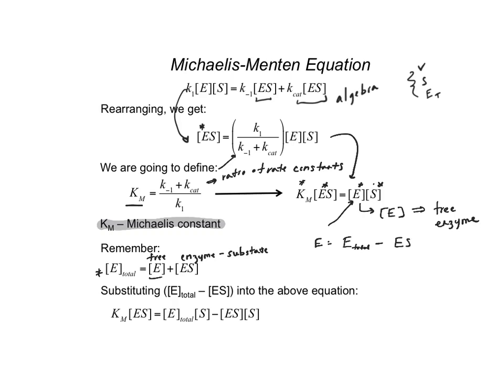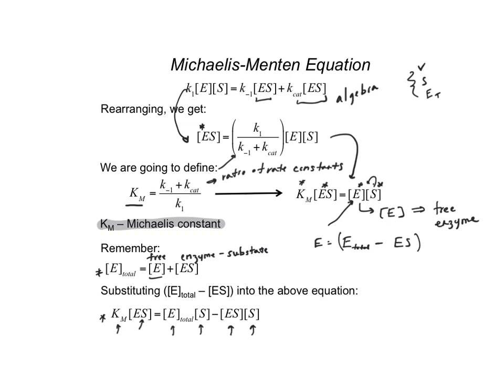When we actually plug that in and then factor the concentration of substrate into this guy, we are left with this thing right here, okay? So now we have ES in terms of Km, which is a constant, in terms of total enzyme, in terms of substrate, and then again, more ES and substrate.